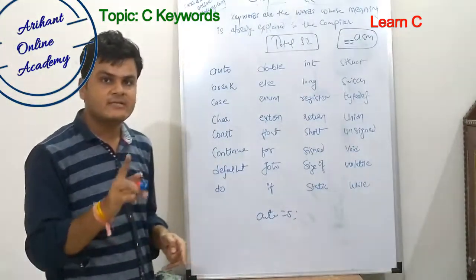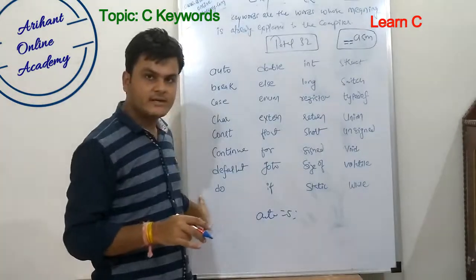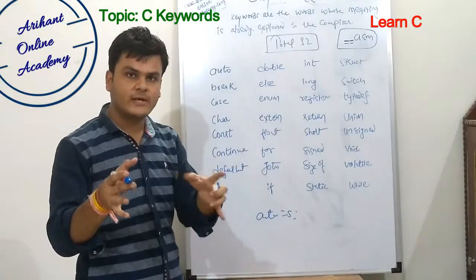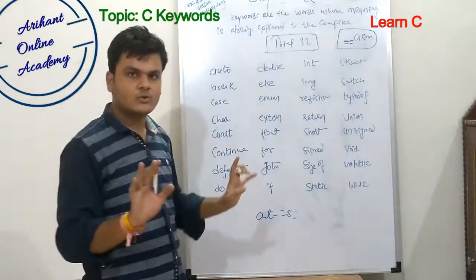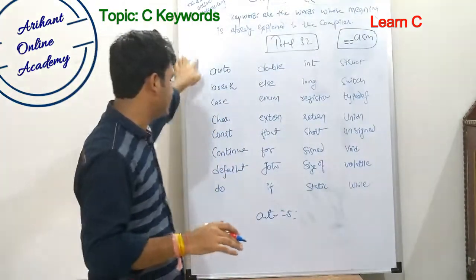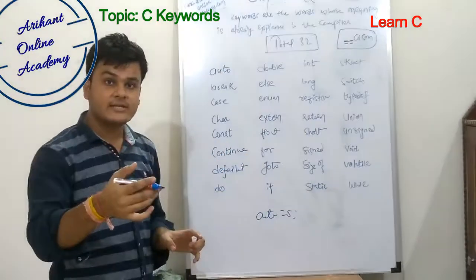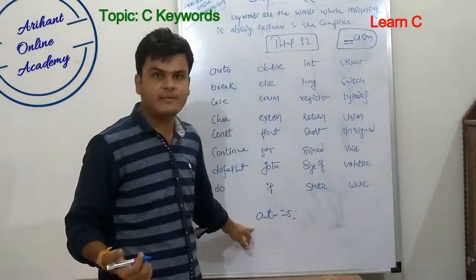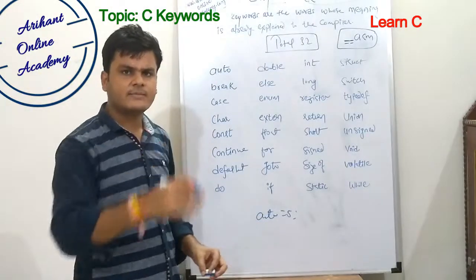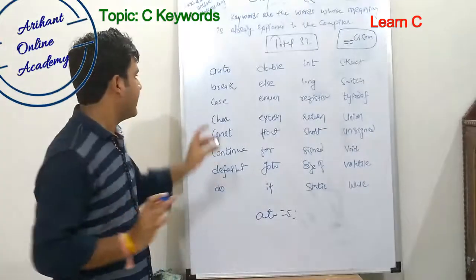That's why I suggest that while coding, don't use these keywords as variable names. Use variable names other than these, because if you use a keyword at the time of creating functions, classes, or variables, it will create some kind of error there. So for the programming point of view, I told you this point.